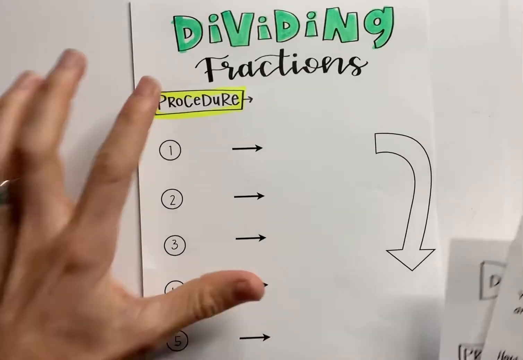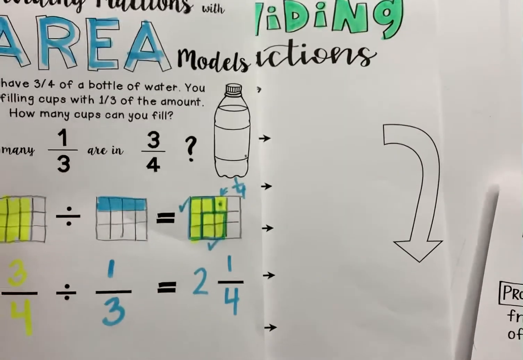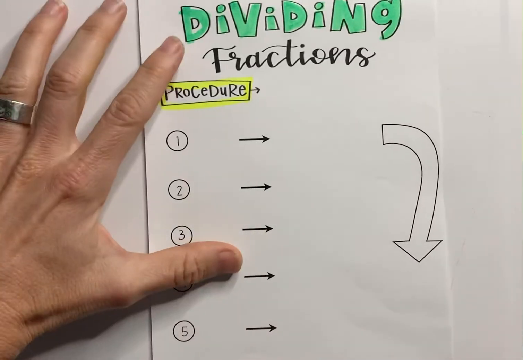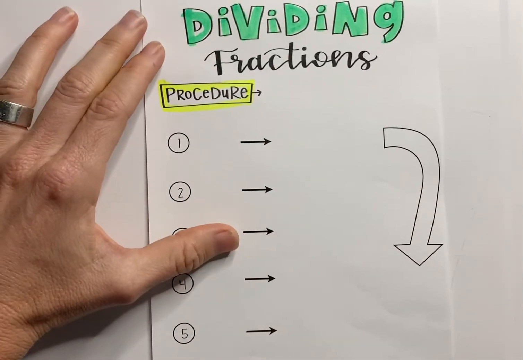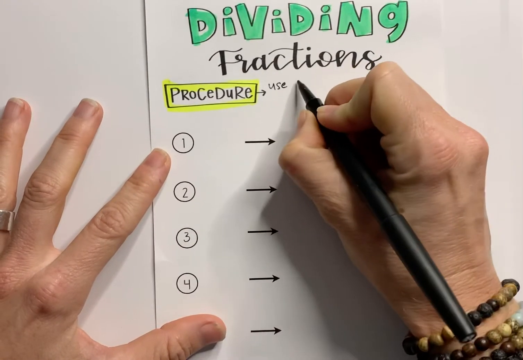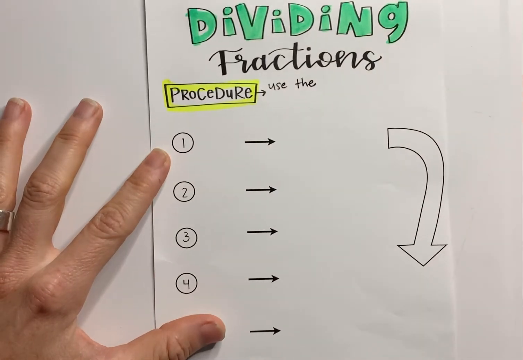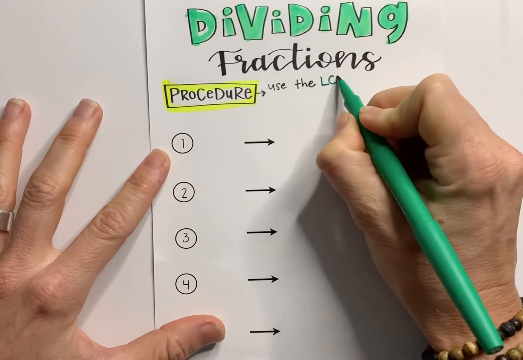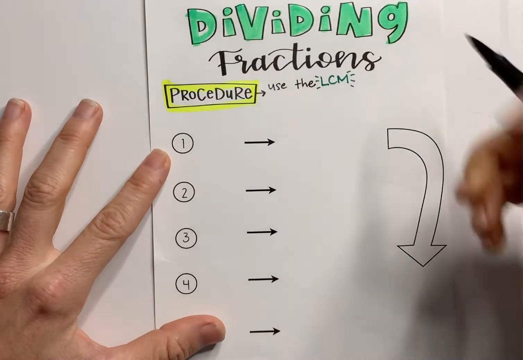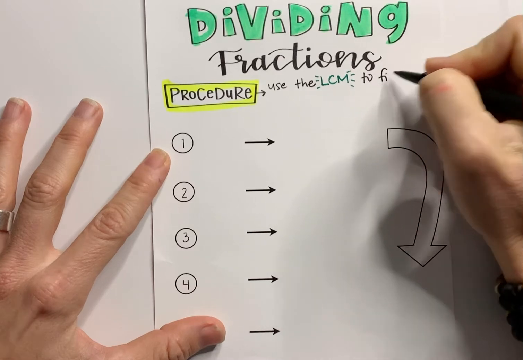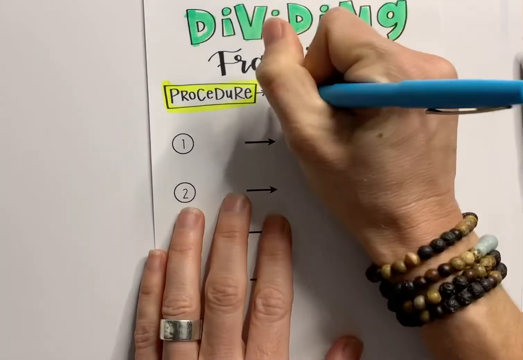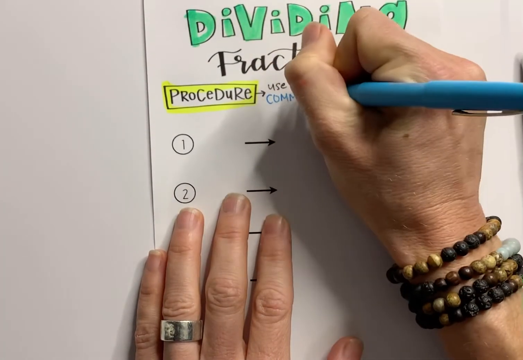So this algorithm is going to help us bridge our understanding of the visual model to how to do it in the most efficient way. Okay, so dividing fractions using a common denominator. Here's the procedure. You are going to use the least common multiple, or the LCM, to find a common denominator.